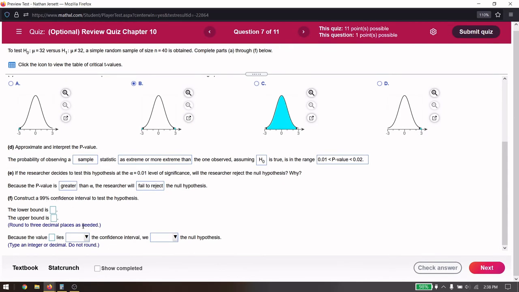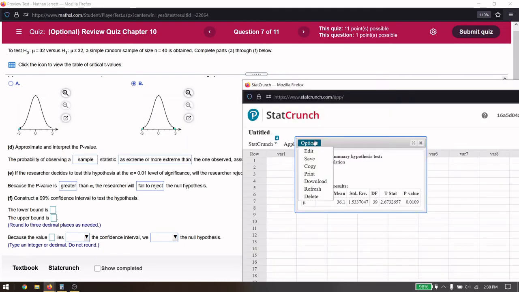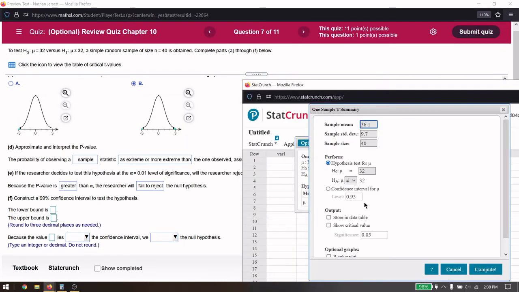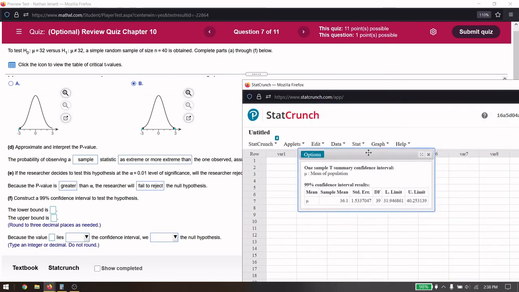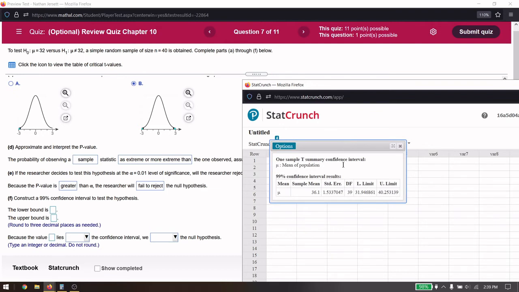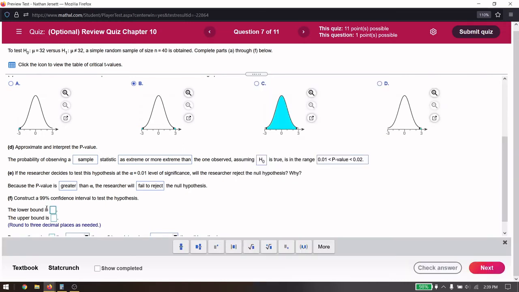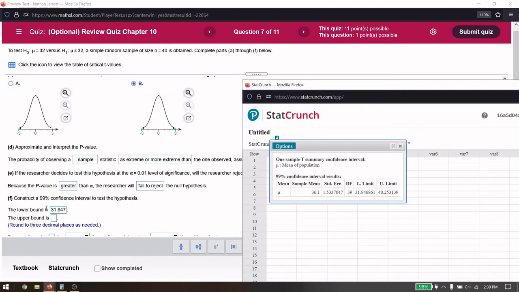Okay, construct a 99% confidence interval. That should be easy with this. We just go for a confidence level and make 99%. Now we can see our lower and upper bound. 3 places, so 31.947, and then 40.253.